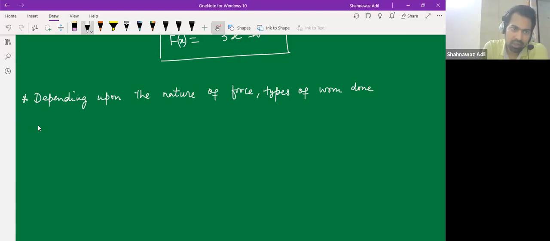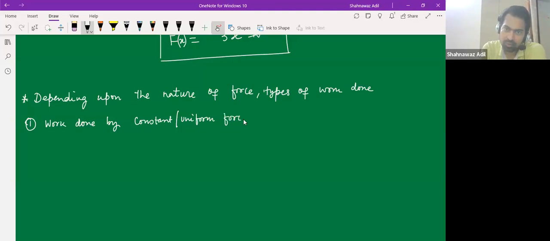One is work done by constant force, for uniform force, and this you already learned. So this is F dot S.